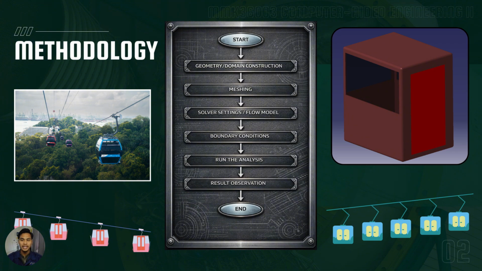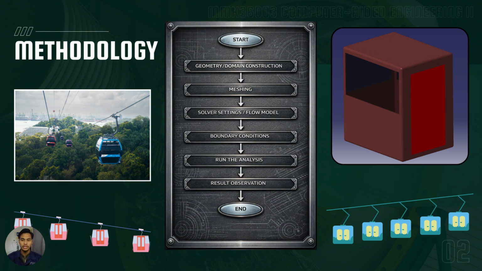We perform a grid independence test, or GIT, to divide the model into millions of calculation points, confirming that a fine mesh is the most efficient choice because it is 95% accurate compared to more complex settings. Then, the solver settings. We define the physics of the air, telling the computer which mathematical formulas, like Bernoulli's principle, to use to track how wind moves and behaves around the cabin.